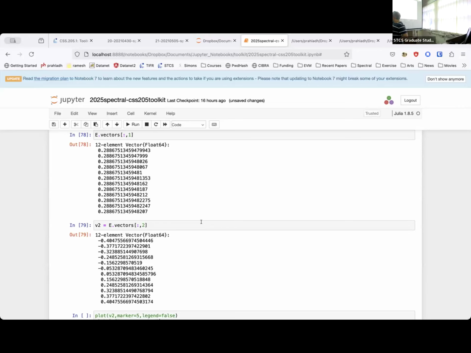In particular, all the other eigenvectors will have both positive and negative entries, because when they take the dot product with the flat vector, the dot product has to be 0. So you will see that for all the other eigenvectors, they will be on either side of the origin. So that's the second eigenvector.